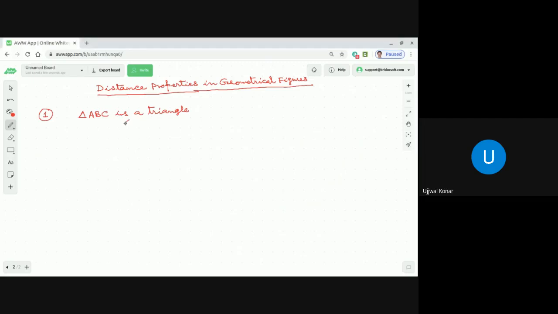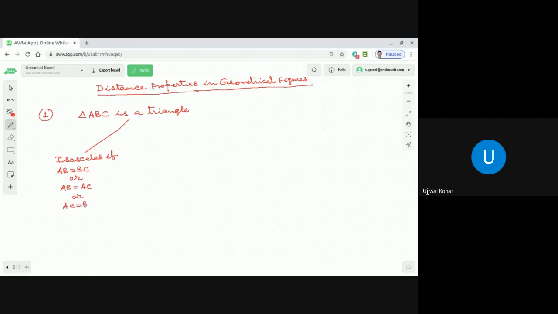This triangle will be isosceles if either AB is equal to BC, or AB is equal to AC, or AC is equal to BC.